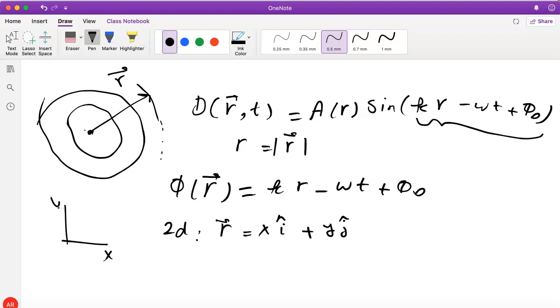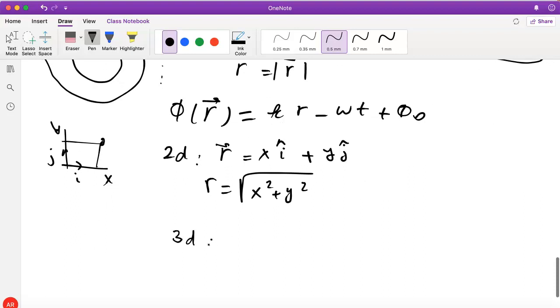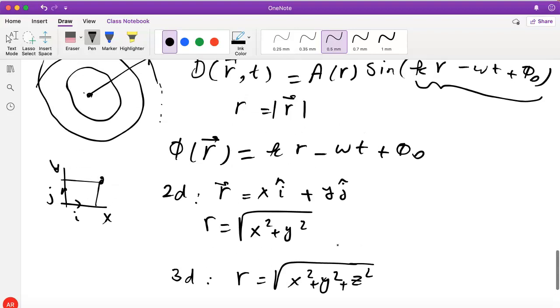So X, Y, I, J. So you have some point here. Say this length is X, that length is Y. Then R, the length, is the square root of X squared plus Y squared. And in 3D, similarly, R is the square root of X squared plus Y squared plus Z squared. So any point in the three-dimensional space that's a distance R from the source will have the same phase.